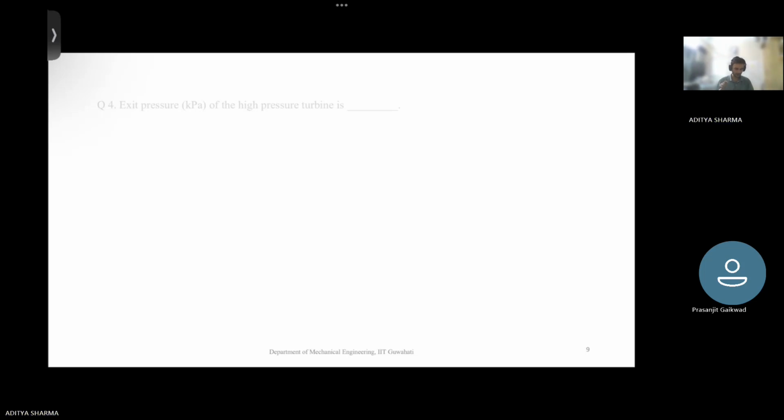First question, exit pressure of high pressure turbine.